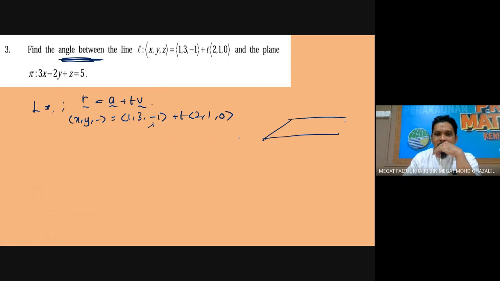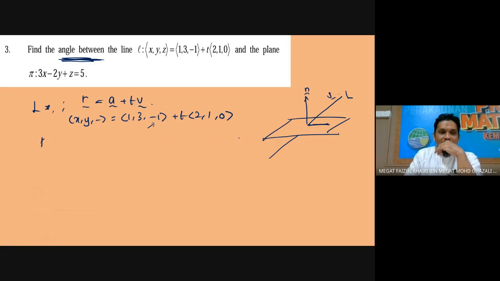Again, this is the plane and this is a line L. So this is the surface of the plane and this is the normal of the plane. So for the straight line L, we refer to the v, and for the plane, we refer to the normal. So now, the angle between these uses n.